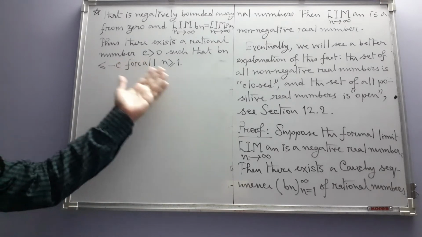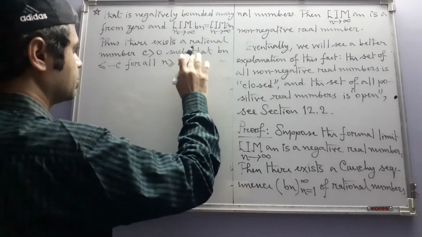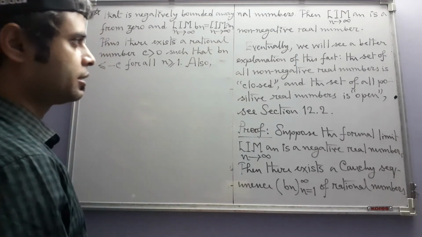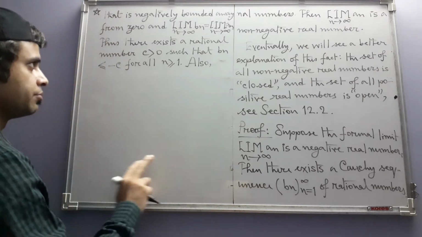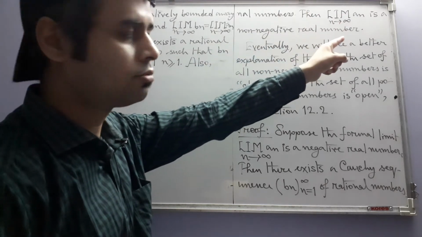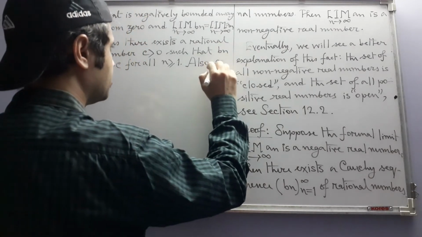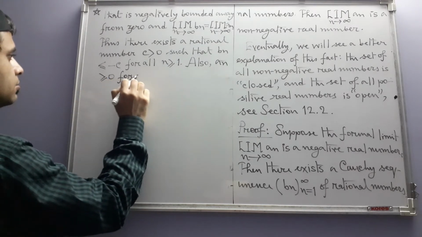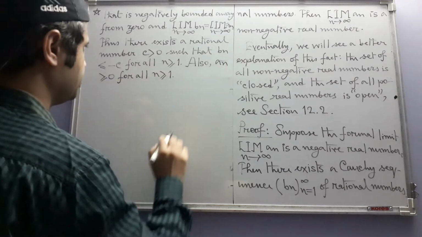That's what the definition of being negatively bounded away from 0 is. Also, since it's given that the original sequence an is a sequence where each an is a non-negative rational number, an is greater than or equal to 0 for all n greater than or equal to 1.